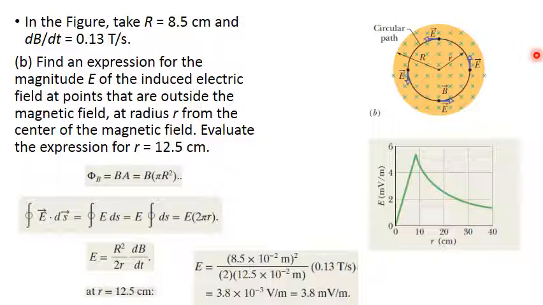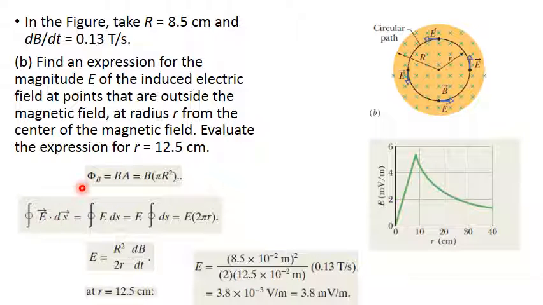Alright? So we are going to make a closed loop outside the magnetic field, and we say that the integration of the electric field dot ds would equal minus partial phi B by partial t, minus the rate of change of the magnetic flux inside this closed loop.